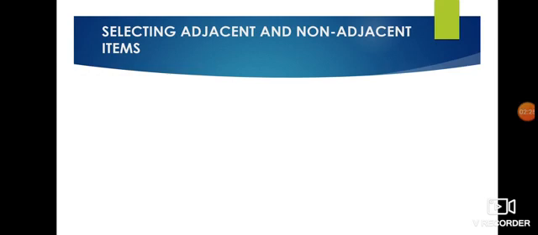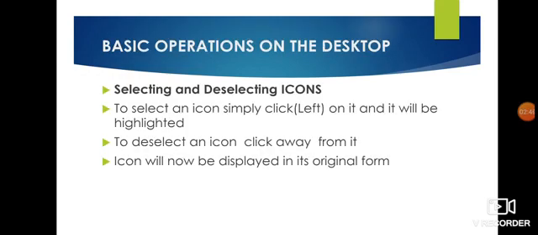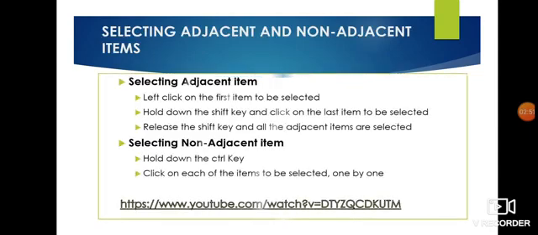If I want to select all these 100 photos in serial manner, that is known as adjacent item selection. From those 100, if I have to select all of them or the first 50 in serial manner, then I have to select adjacent items.